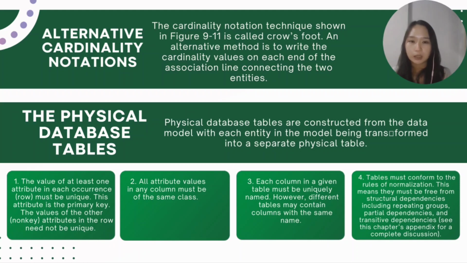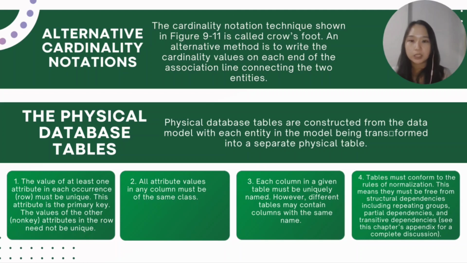A properly designed table possesses the following four characteristics. The first characteristic is that the value of at least one attribute in each occurrence or row must be unique. This attribute is the primary key. The value of each other attribute in the row need not be unique. The second one is that all attribute values in a column must be of the same class.